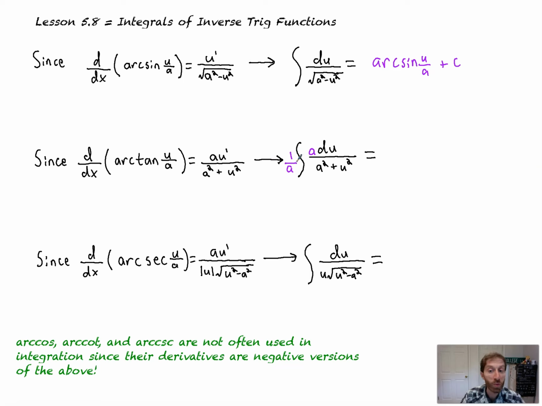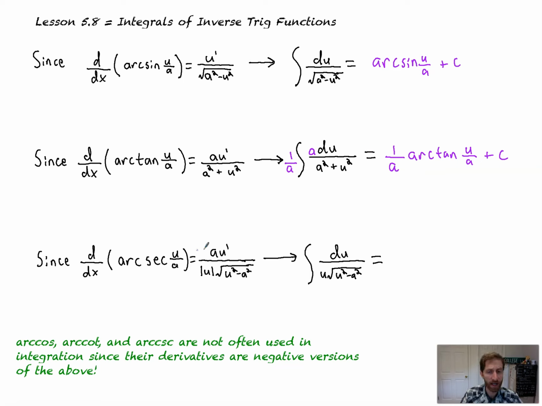Now you've got a u prime over a squared plus u squared. So the derivative of what is that? The derivative of arctan. And so we have that 1 over a chilling out. Arctan of u over a plus c. And so now you see why in your textbook formula, it's that 1 over a. That explains that.